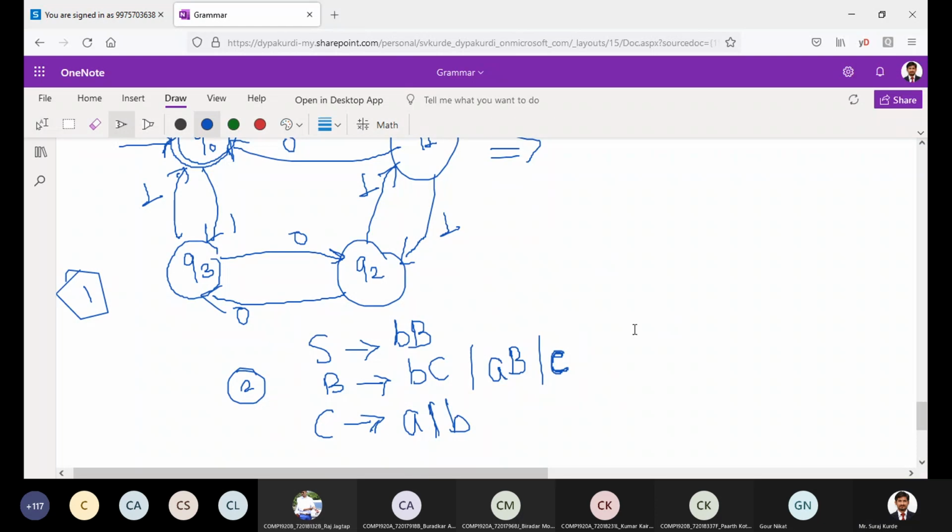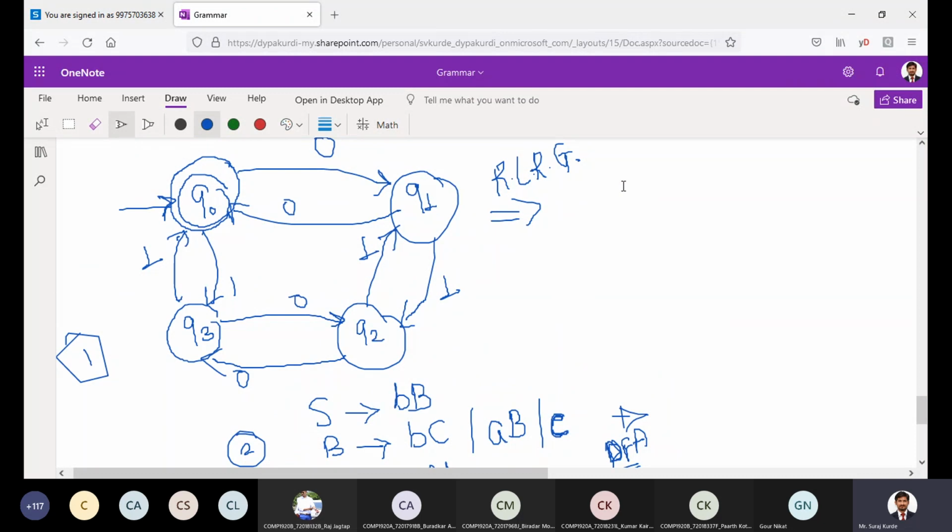Find the DFA. According to the rule, Q naught is a final state, initial as well as final state. Take the total transitions and rename all the states.